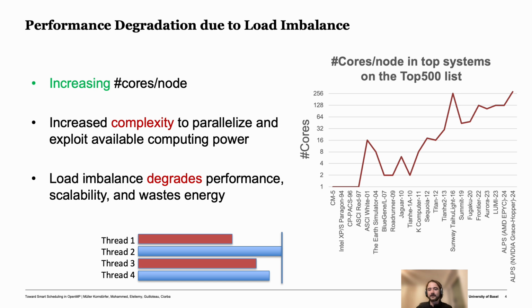And what we can see is that there is a trend of increasingly more parallel nodes, so nodes with many, many cores, up to 256 or more cores, depending on the system. So that means we have a high chance for load imbalance, which degrades performance, wastes energy, and limits applications' scalability.